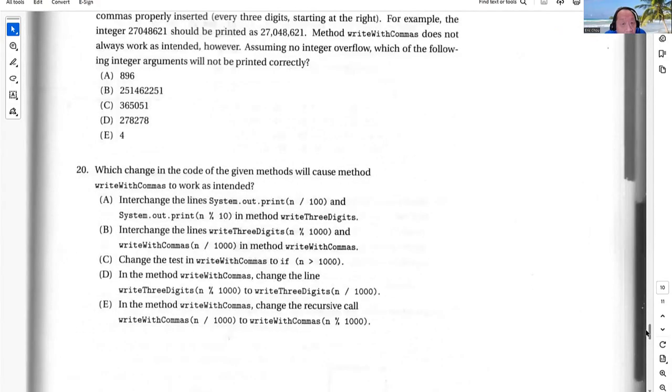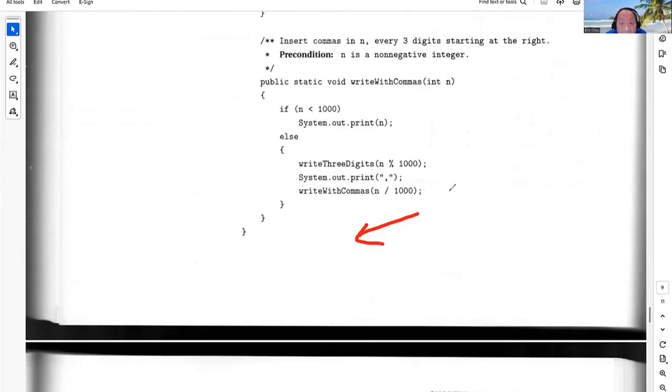If you need to modify the program, which one would work? If you change this with this, that would be in order. Is that okay?